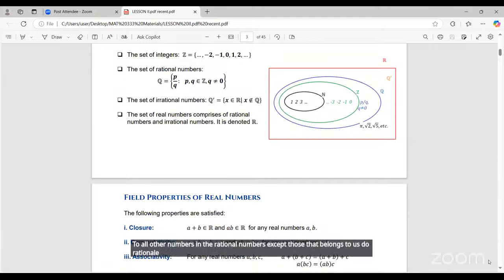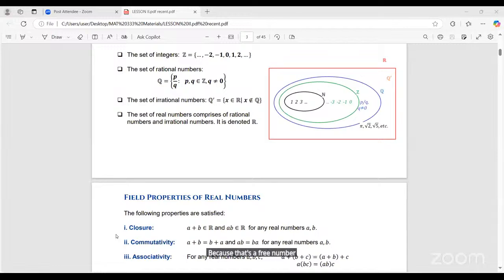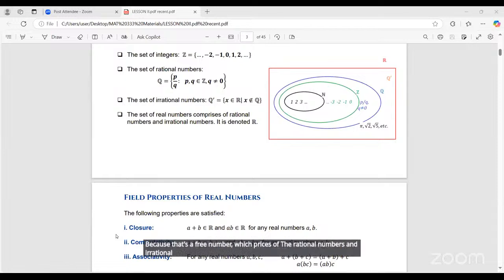Okay, then this moves us down to our target, the set of real numbers, which comprises the rational numbers and irrational numbers.